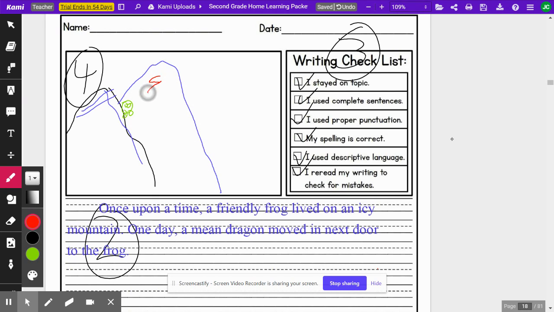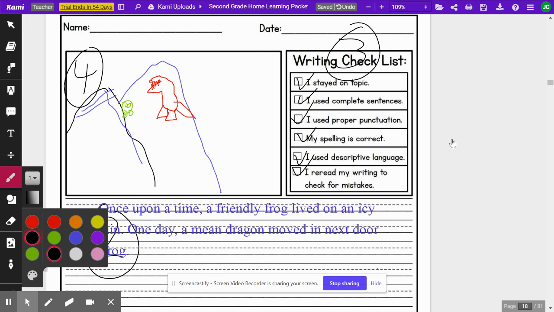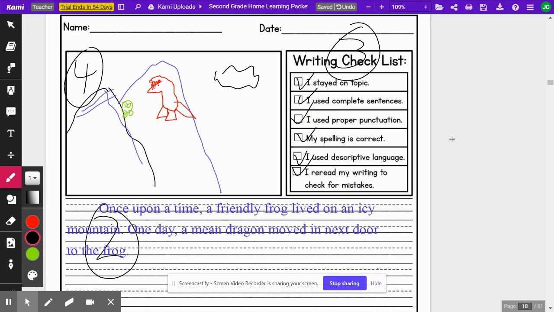Mr. Crandall doesn't know how to draw a dragon, so he's going to just draw a monster with big legs and big teeth. A dragon moves in, and he's mean. And then you can color the sky, not red. Color the sky. Have the frog right here in his house. Have the dragon in this house.